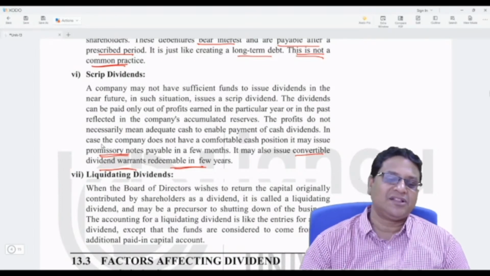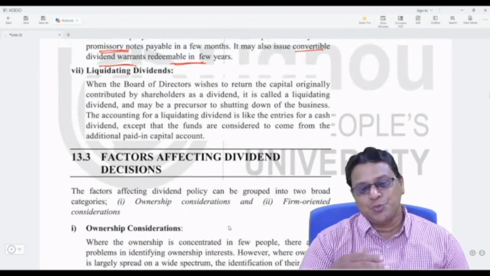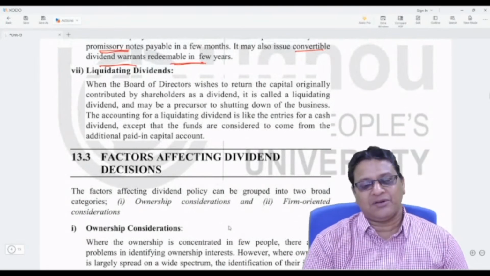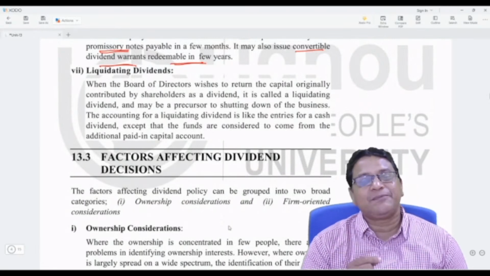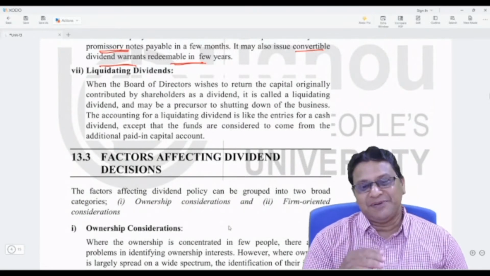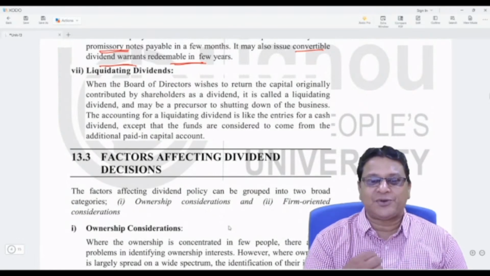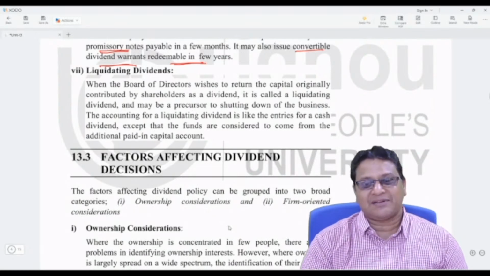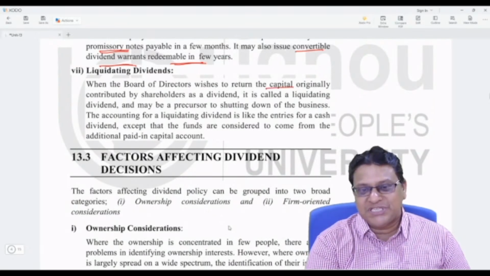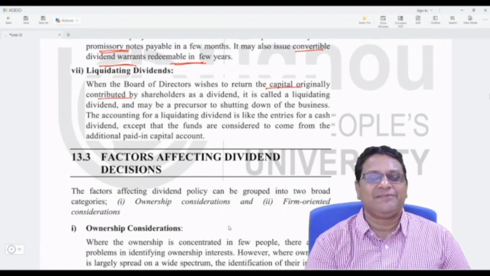Then there is another concept of dividend, liquidating dividend. If a company is to be liquidated very soon, the company may pay liquidating dividend. So what is liquidating dividend? In this case, shareholders are paid dividend equal to the amount they have already paid to the business. That means if the shareholders are given back their capital which they have originally invested in the business, that is known as liquidating dividend.